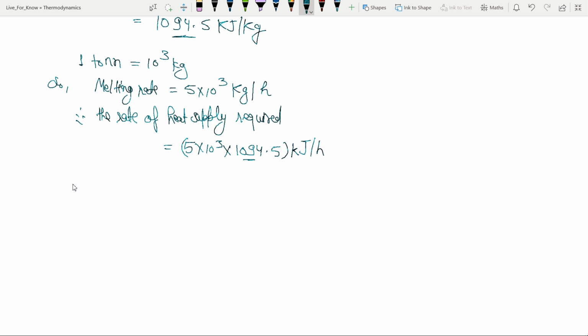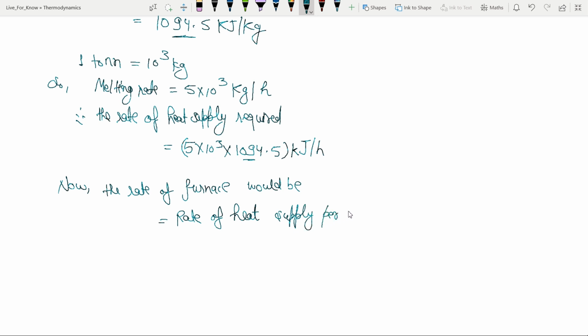Now since the furnace has 70% efficiency, the rating of the furnace would be the rate of heat supply per second divided by furnace efficiency.